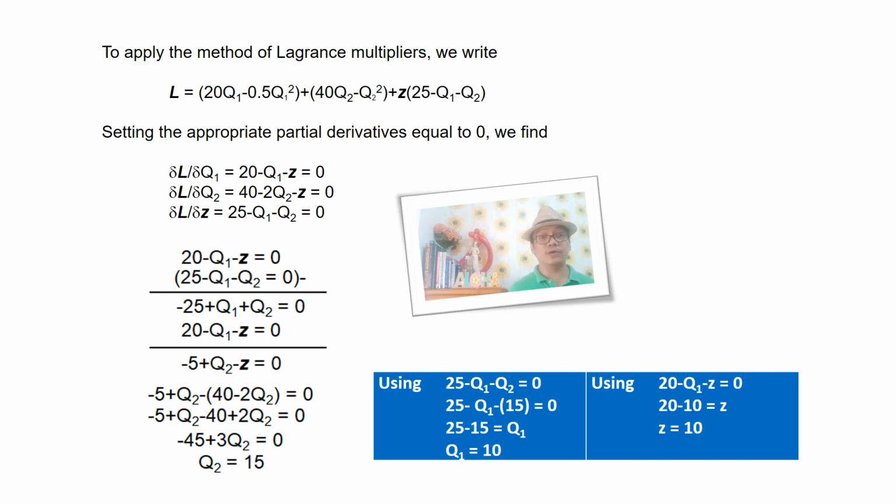The actual value of the marginal profit in each market is z equals 10. Thus, if the company could increase total sales above 25, it would increase profit by 10 pesos per unit of additional capacity.